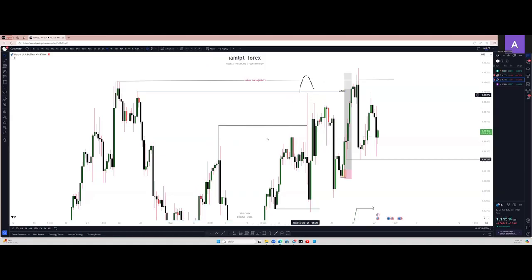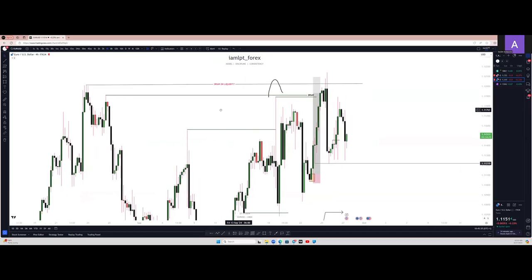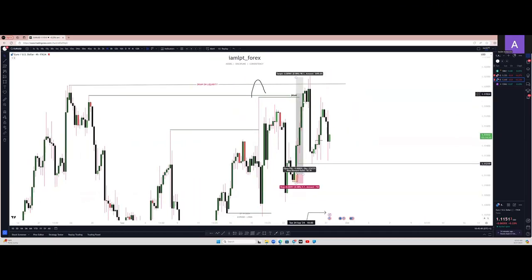Then we have another high here again as draw on liquidity. So we have 1, 2, and 3. So what happened? This first bullish candle was responsible for both these highs. If you look, come and see it. So you see how important that candle is.